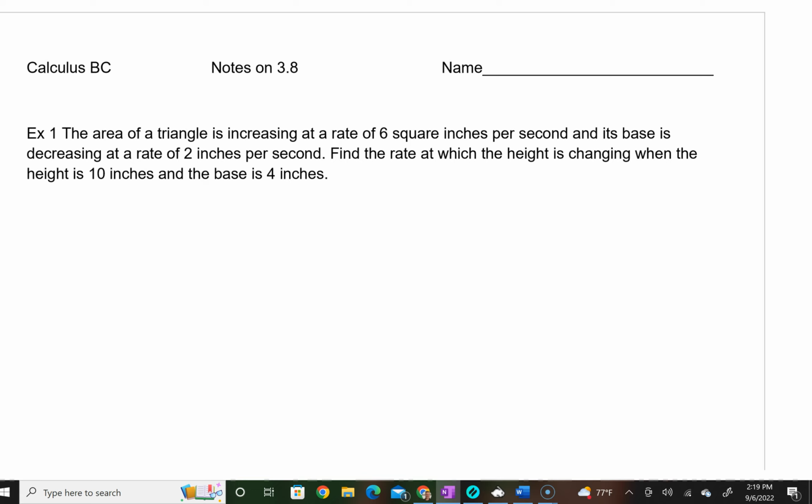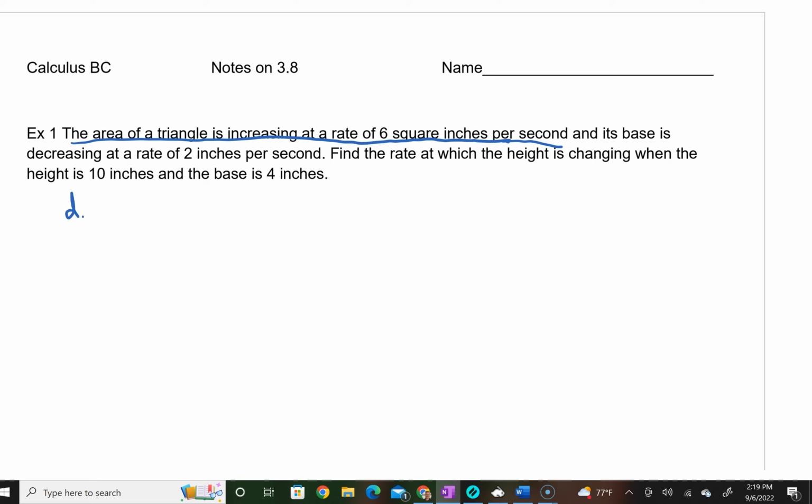It says the area of a triangle is increasing at a rate of 6 square inches per second. Just that word is implying that area is a function of time.